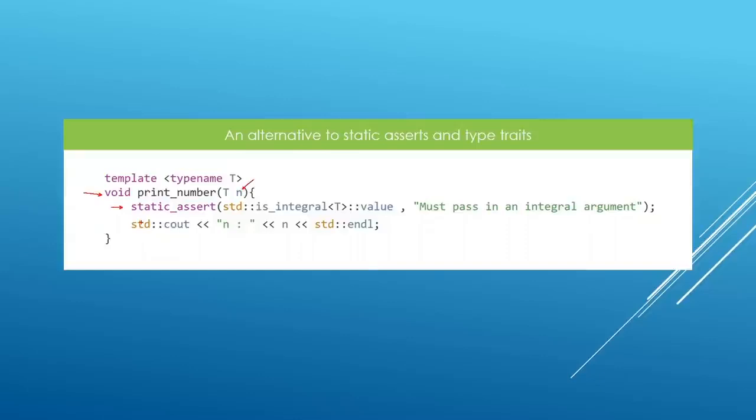We're going to see that we can do something really similar with concepts, but it's going to be much cleaner in that the logic to enforce our constraints is not going to be in the function body. It's going to be somewhat in the function declaration in the constraints that we put on the template parameter here. We're going to see specific syntaxes of how you can do this starting in the next lecture.